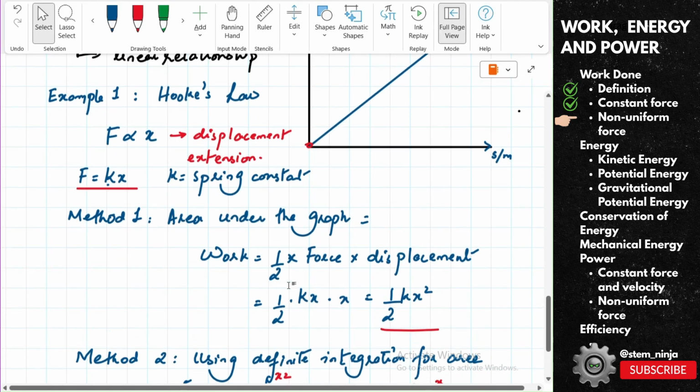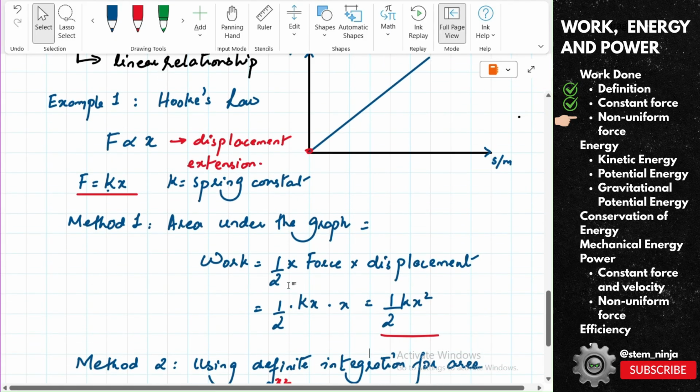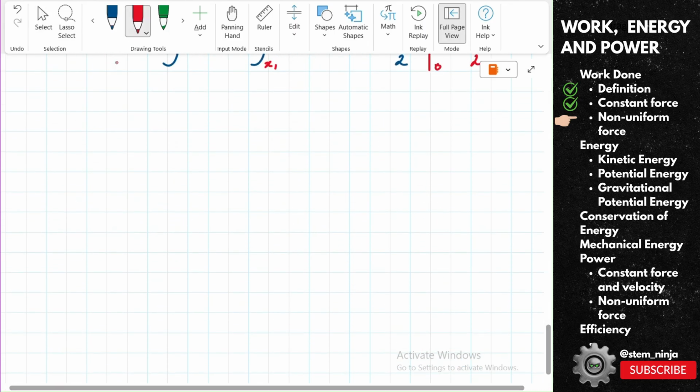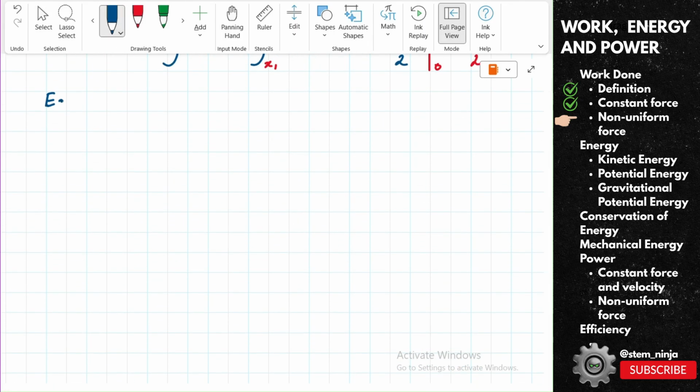Okay, now this was a linear relationship. Another type of similar relationship is simple harmonic motion, although this is not directly in the AS syllabus, but still important.